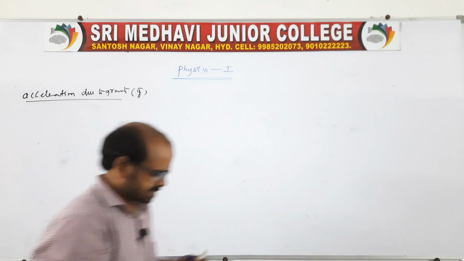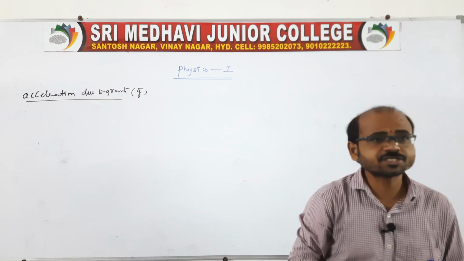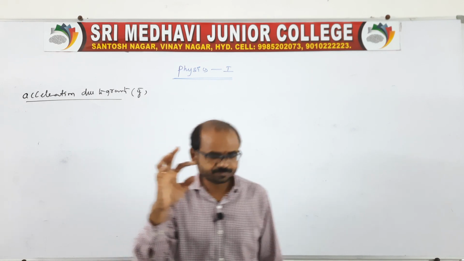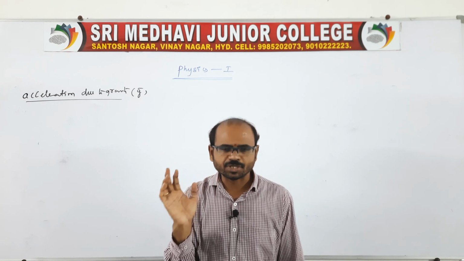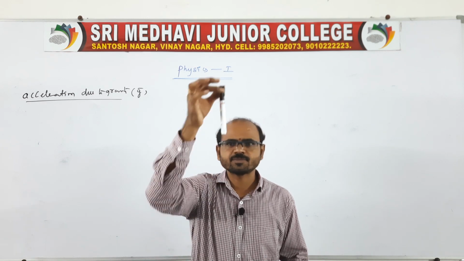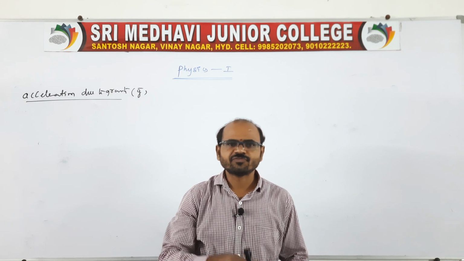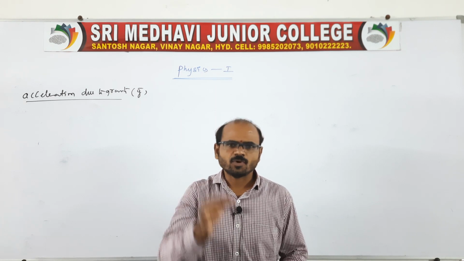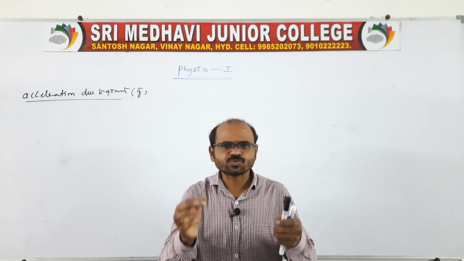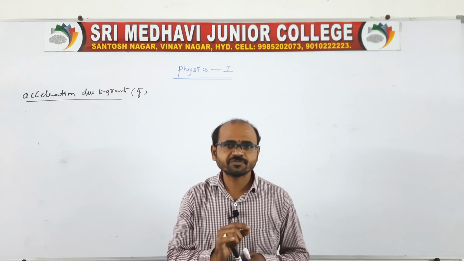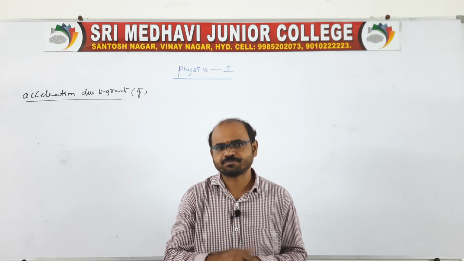Sir, what is meant by acceleration due to gravity? Acceleration due to gravity is nothing but this: suppose the body is allowed to fall freely, like this, so it is falling freely. For a freely falling body, the body is always attracted towards the earth's center because of the earth's pull, because of the earth's force of attraction.